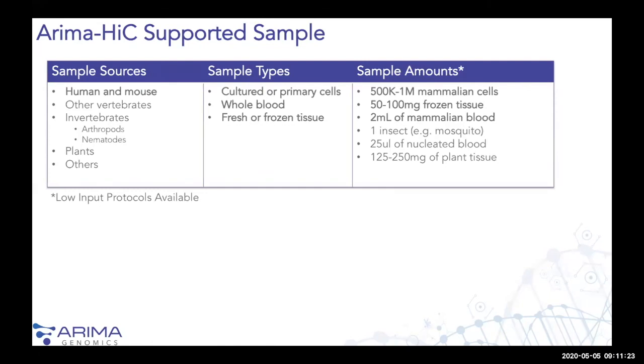If you're working with frozen tumor tissue, you might start with maybe 50 to 100 milligrams of that tissue, grind it up, cross-link it, and then probably use a fraction of that for your Hi-C experiment. And if you're working with, let's say, mouse blood, you might collect 2 to 3 mLs of blood, isolate PBMCs or some subpopulation from that, and do your Hi-C experiment on that.